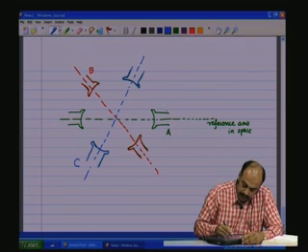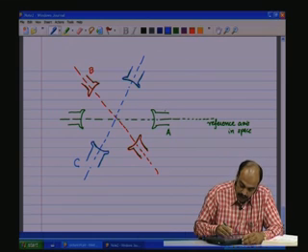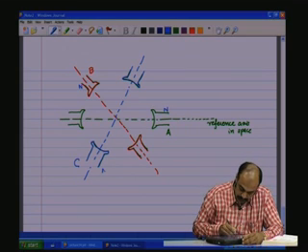If I mark the polarity in terms of dot or the north, let us say these are the norths, this is the north and this is the north.